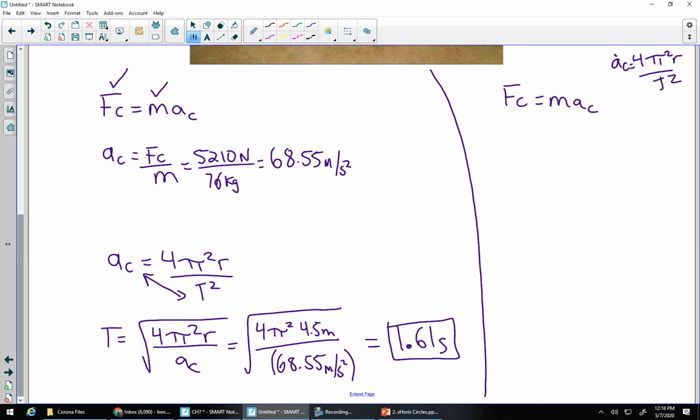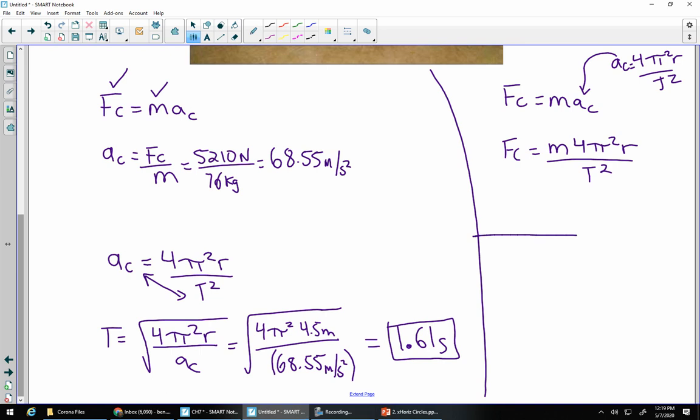So if we just plug that in right where that AC goes, we end up with FC is equal to M 4 pi squared r over t squared. And now it's just rearranging once, plugging in numbers once, but we should still end up with that exact same answer. Cool. So that's just another way to do it.